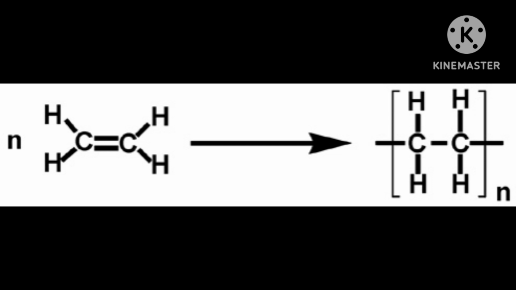You can represent it as CH single bond CH2, because the double bond converted to single, and both carbons have 1 valence electron, meaning 1 dash. Write that in a small bracket, and outside write a small n, because n propylene molecules joined. This is called polypropylene.